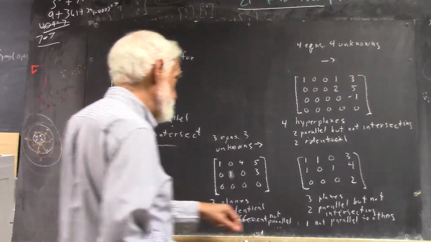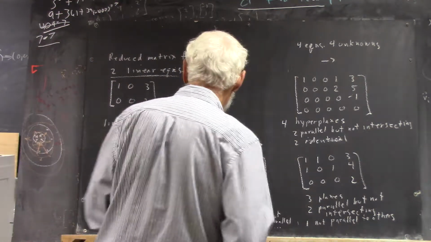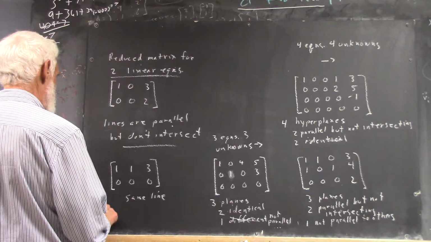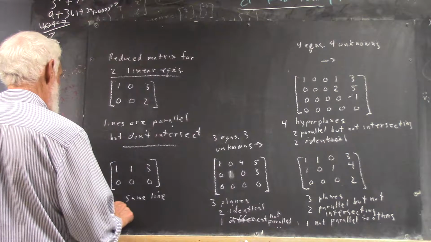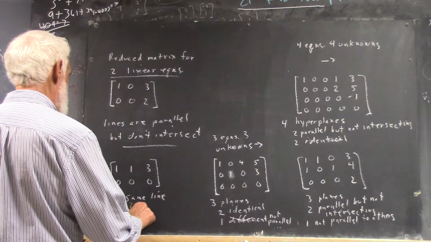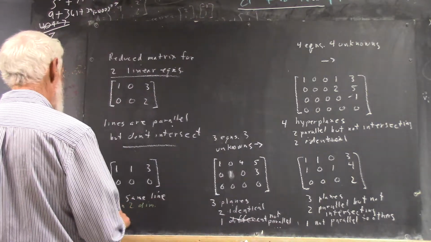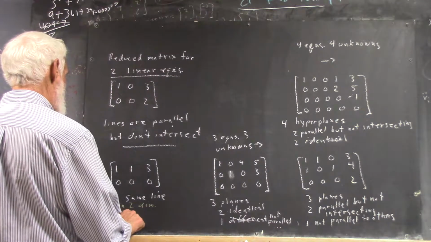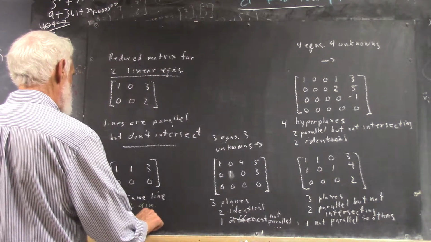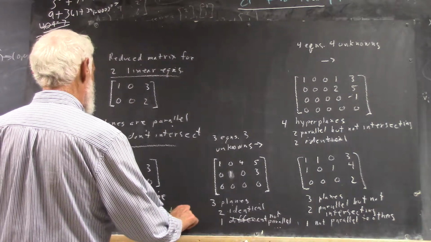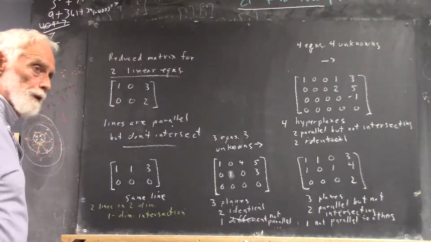So, two lines in 2 dimensions have a 1-dimensional intersection, right?